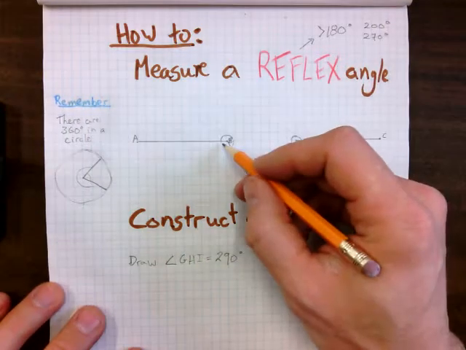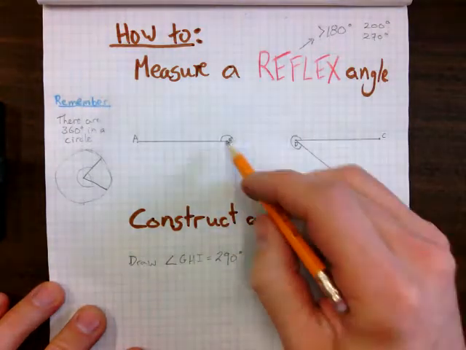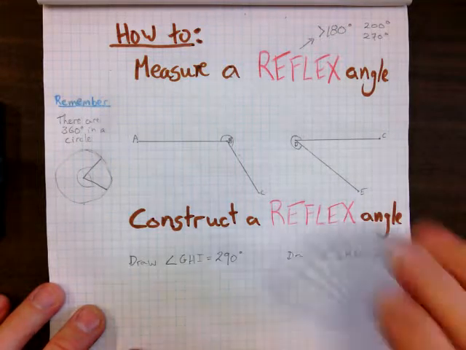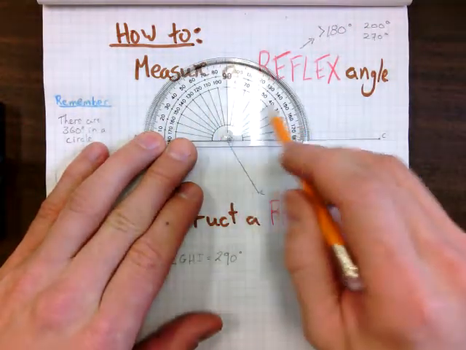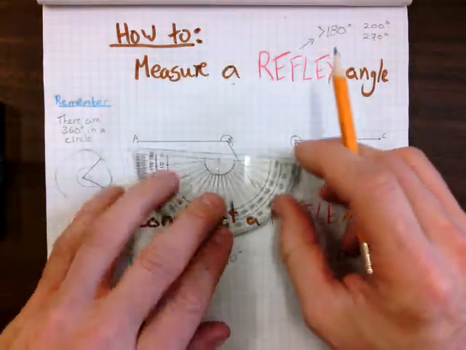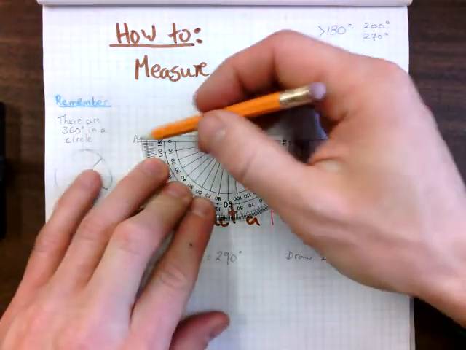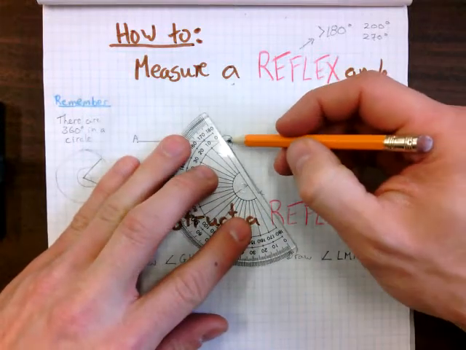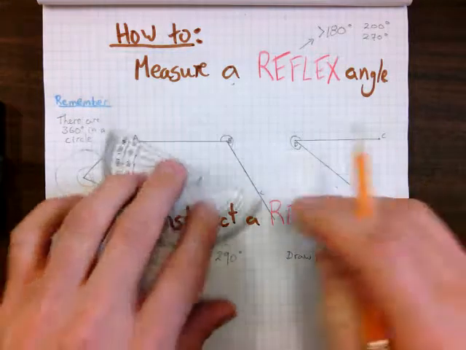So here I want to measure this. This is angle ABC. I want to measure the outside here. But my protractor can only measure this far. It can't measure all the way down to here. So what I'm going to do instead is measure the other side. So if I line up my protractor here, measure this. Sorry, I'll extend this line further.